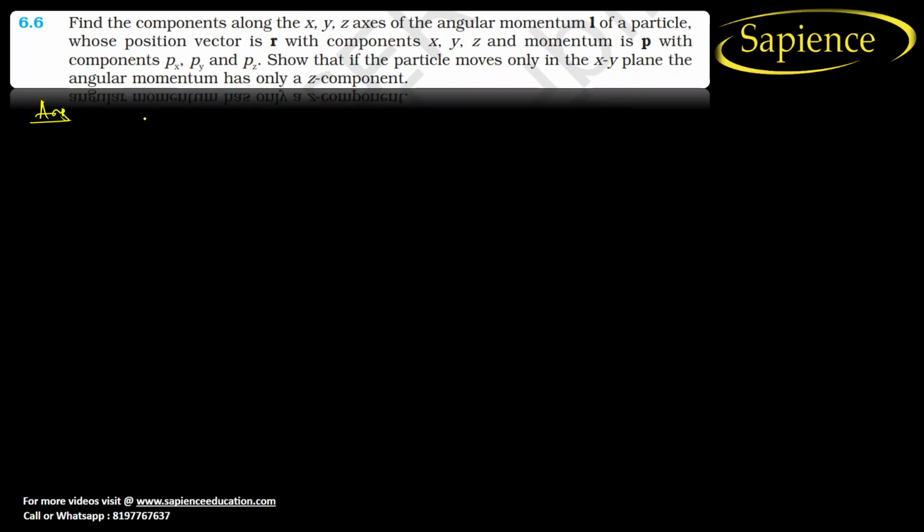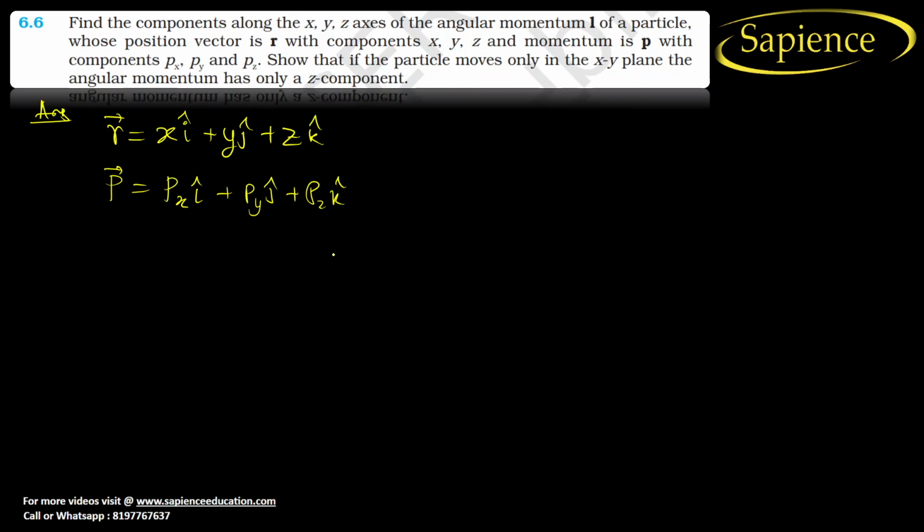In the first part, they have given the position vector. Let us consider r is the vector, which is x i cap plus y j cap plus z k cap. And they have also given the momentum: px i cap plus py j cap plus pz k cap.